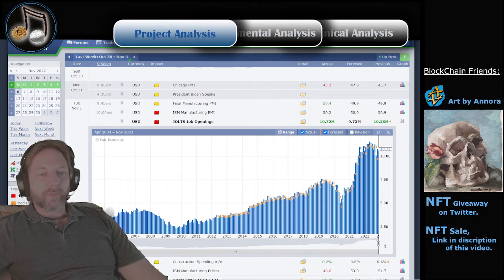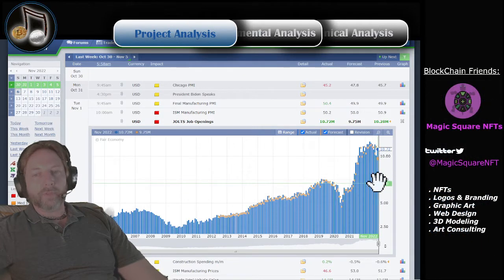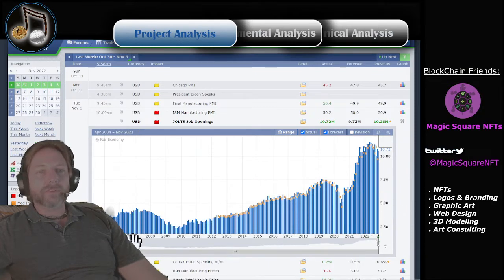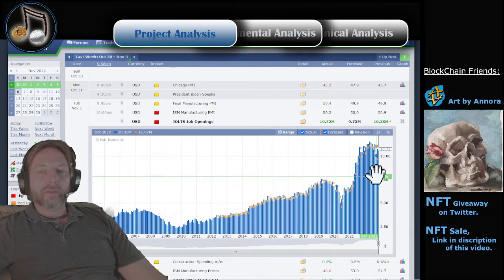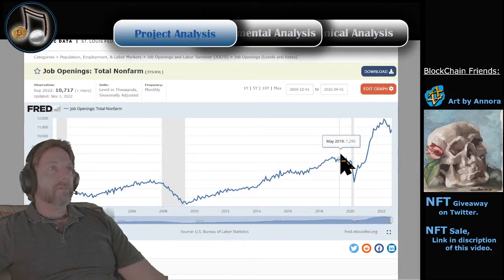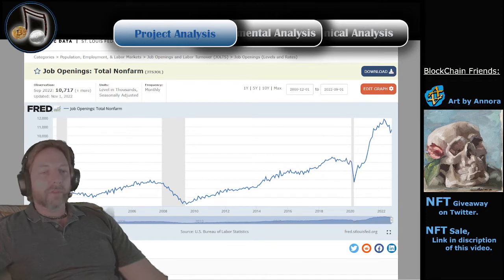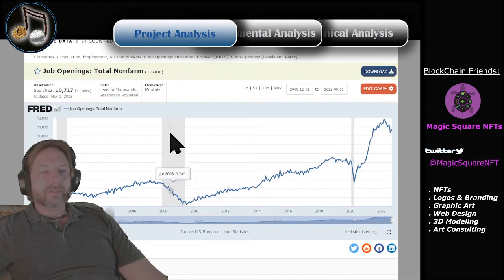We can look at the chart by clicking the little chart indicator here. This will take us all the way back to 2004 or so. You can see that we have quite a number of job openings, higher than we've had for years. This looks like a good formula for inflation. You see these grayed out areas.